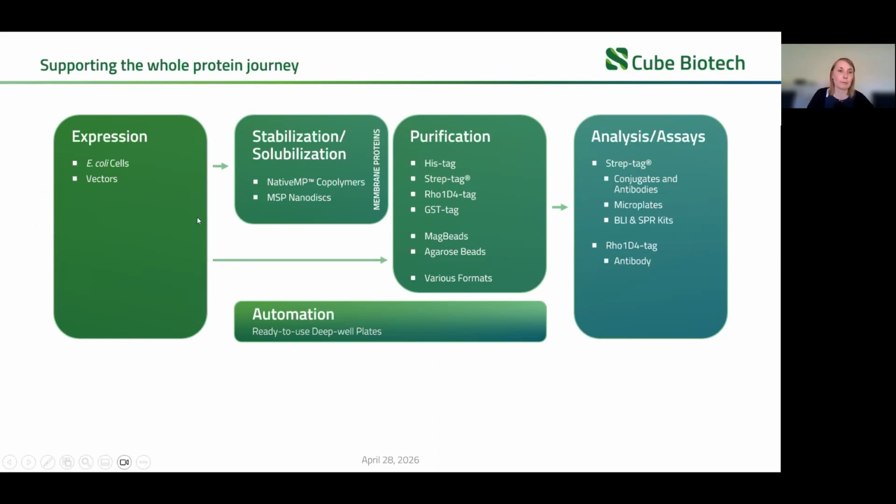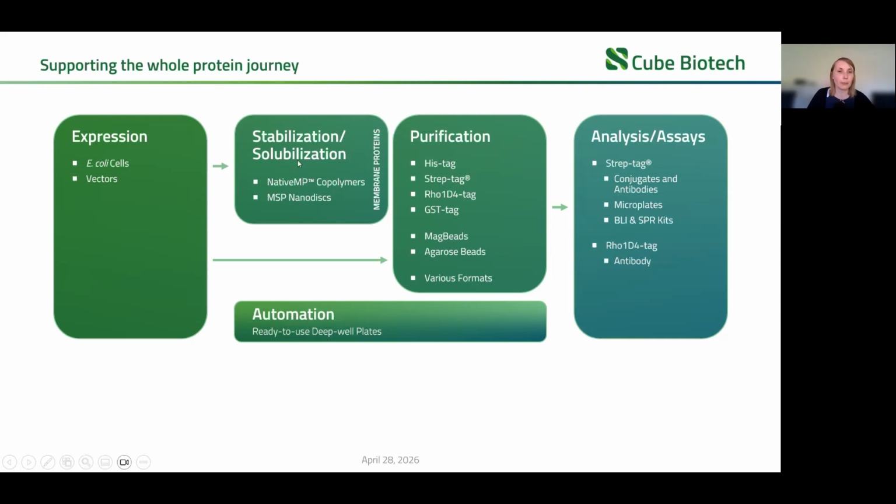For expression, we have different vectors in our portfolio that you can use to express the affinity tags on your protein. For membrane proteins, we have a stabilization portfolio. We have a broad purification portfolio. And as I mentioned, for the Strep-tag, also different products for analysis. But what we're really focusing on is this middle part.